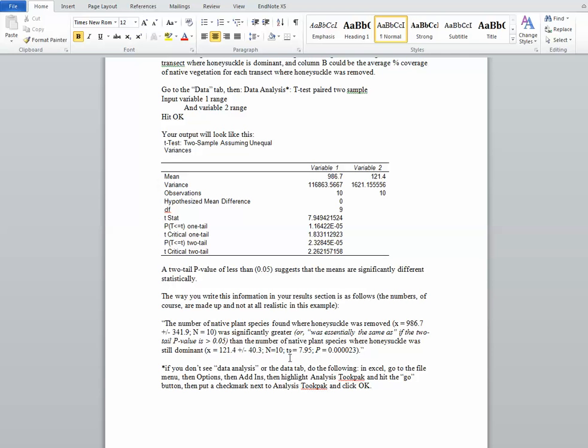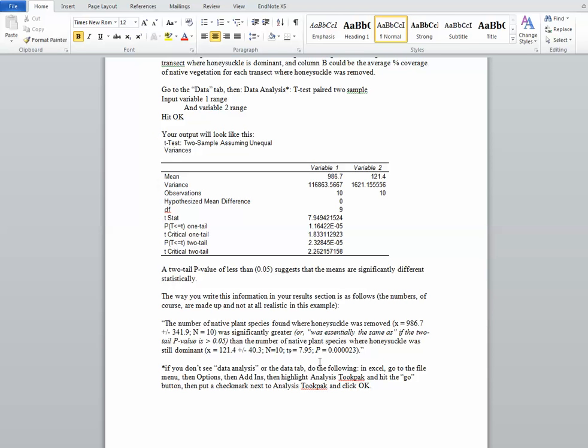Whatever your specific instance is, it's basically one less than your total number of replicates. So if you did 5 replicates on each side, then your degrees of freedom would be 4. So you have t, because it's a t-test, a subscript 9, because that's the degrees of freedom, equals the t statistic. That's this right here.